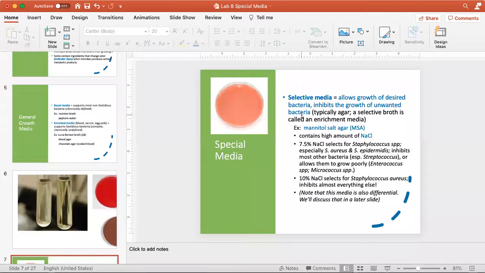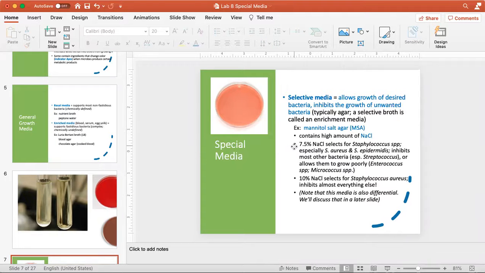So in mannitol salt agar, we can add either 7.5% sodium chloride, or we can add 10% sodium chloride. Most of the time, we're adding 7.5%. Now, what's that going to tell us?